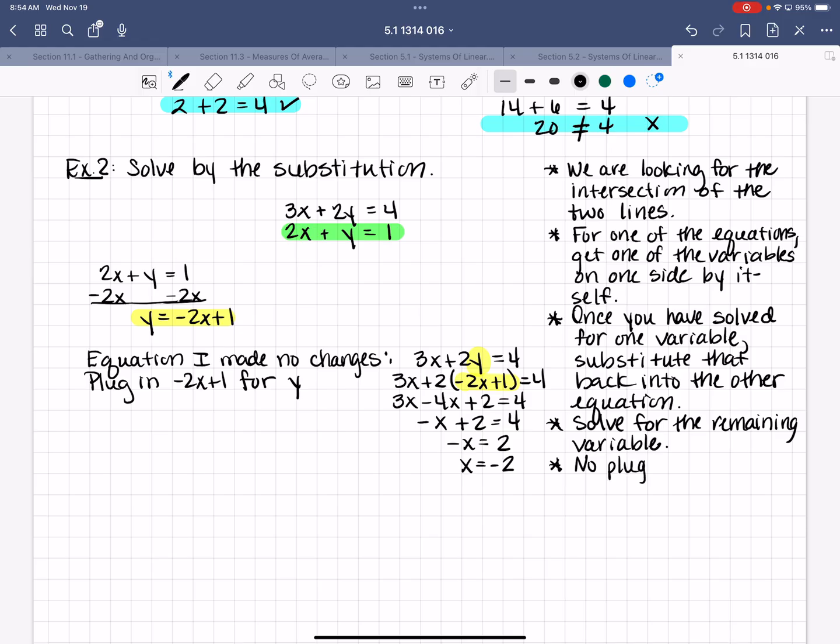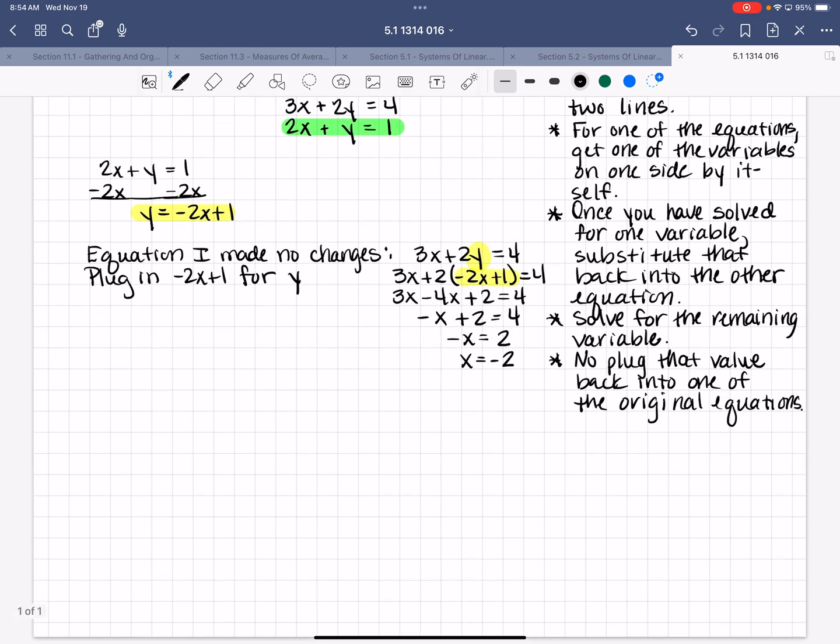Now plug that value back into one of the original equations. Okay? So it doesn't matter.